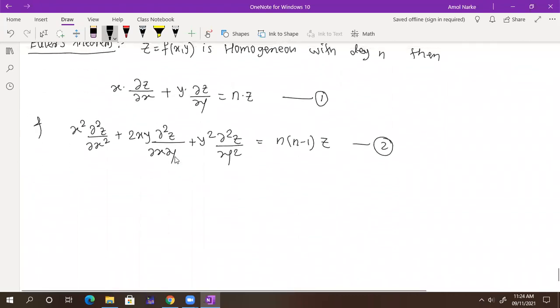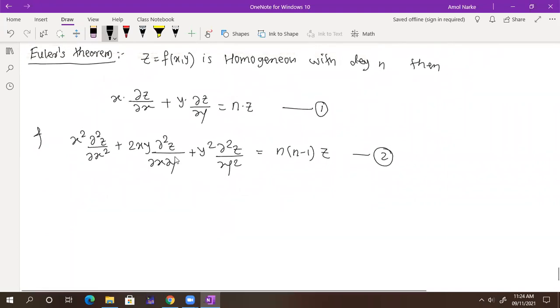Okay, so this is the first theorem. Now the second, which is also Euler's theorem.